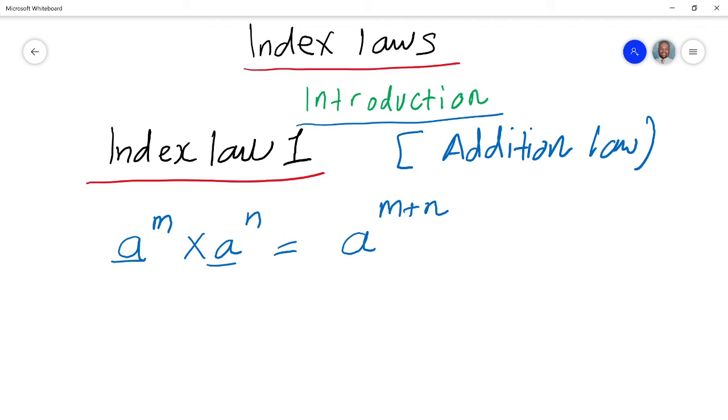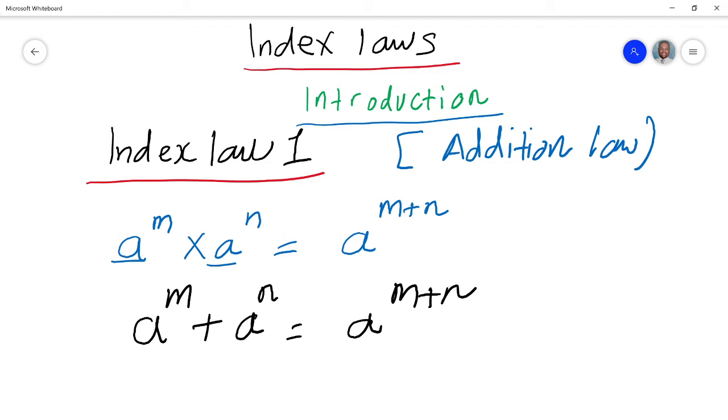Now this law works if and only if you've got the same bases and a multiplication sign. I've seen students make mistakes by wrongly writing the rule as a to the power m plus a to the power n is the same as a to the power m plus n. Please remember that is not the case.